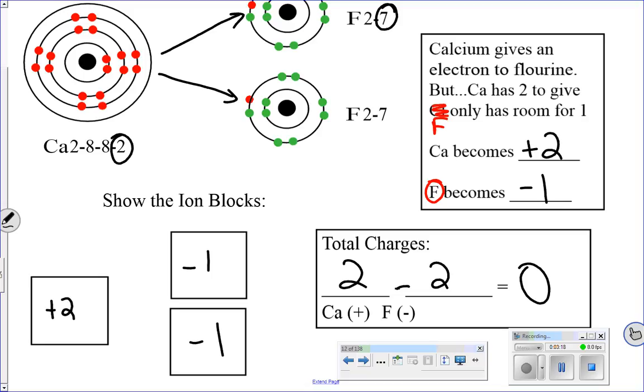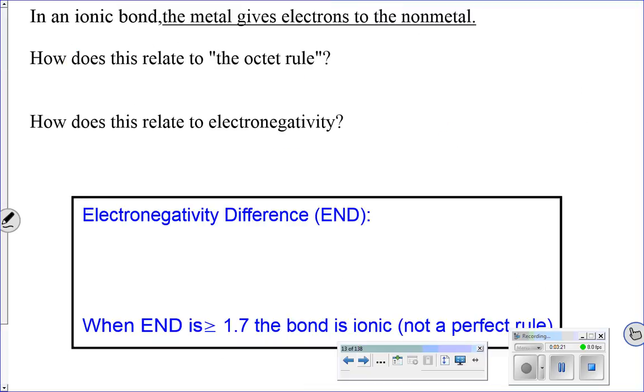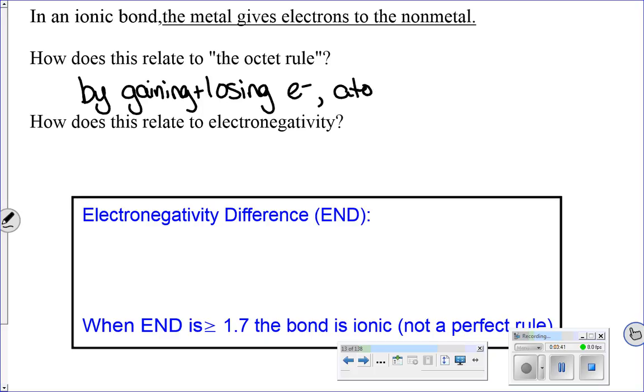So in an ionic bond, what's occurring is the metal is giving electrons to the nonmetal. This relates to the octet rule we talked about. By gaining and losing electrons, atoms can get 8 valence electrons, or that noble gas configuration that we want.